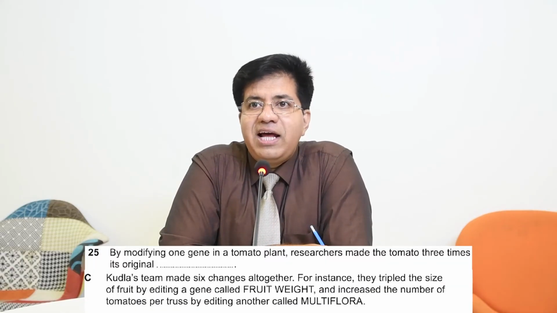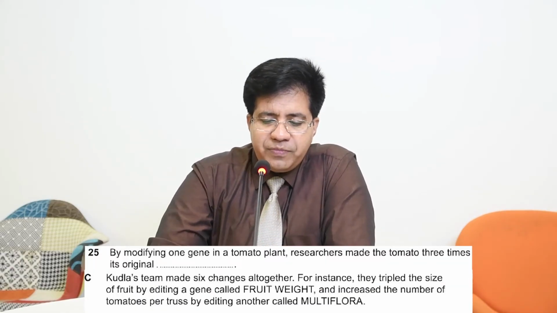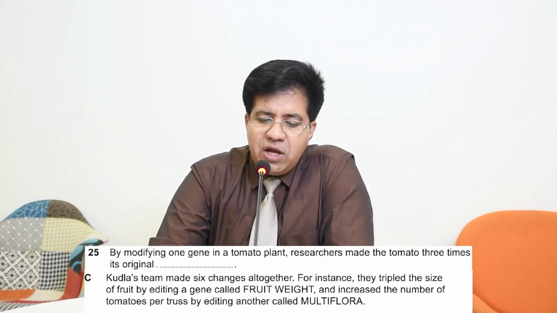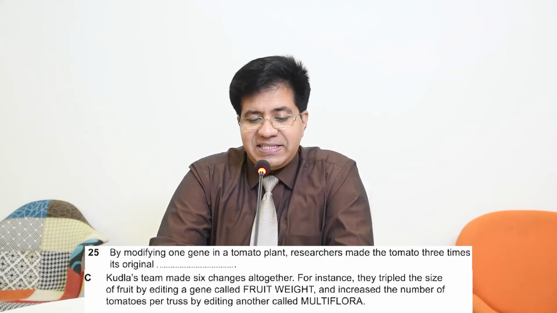Question number 25. By modifying one gene in a tomato plant, researchers made the tomato 3 times its original dash. Now the clue words are 3 times and researchers. For 3 times they use the word tripled. Yes, paragraph C. So, everyone please come to paragraph C. Kudla's team made 6 changes altogether. For example, they tripled the size of fruit.